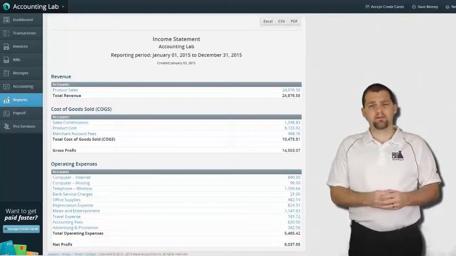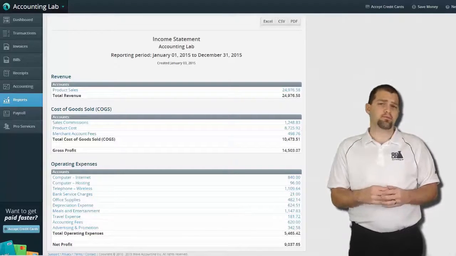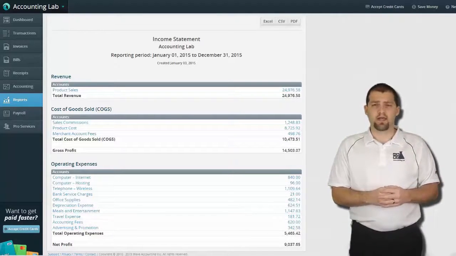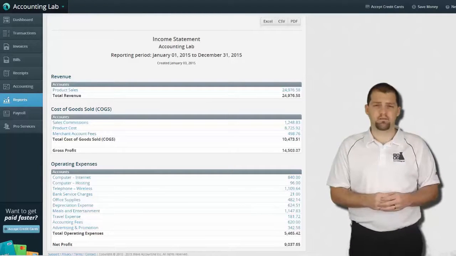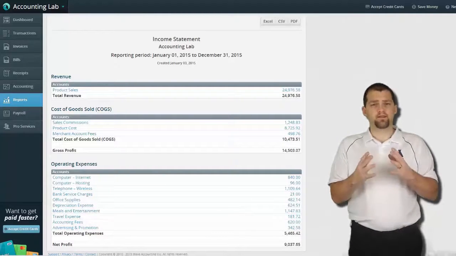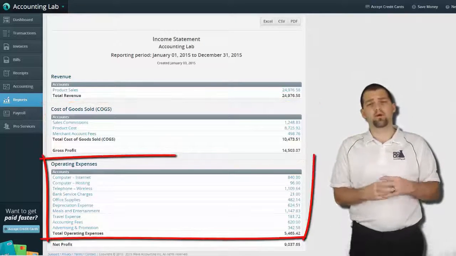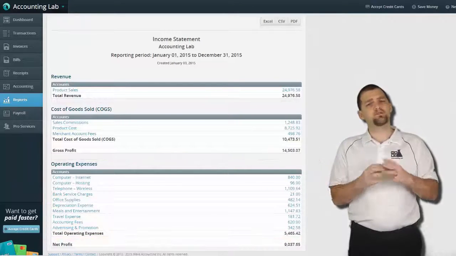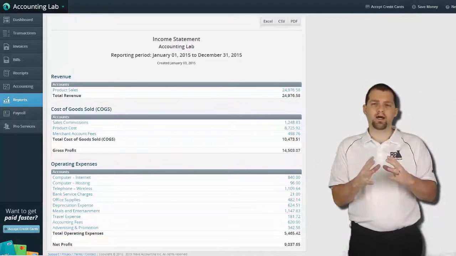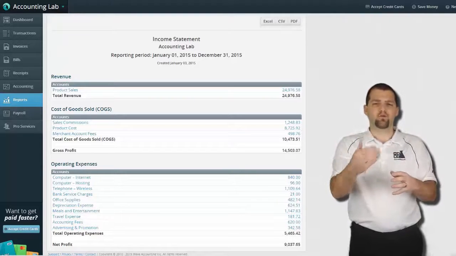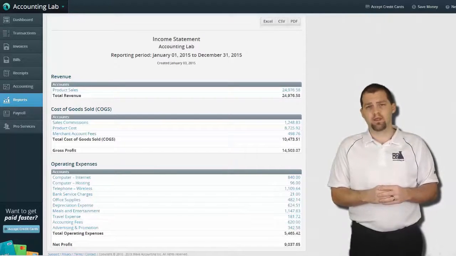Now, what does differentiate an income statement from, say, a personal budget is how the expenses are split out. There's an additional categorization for expenses that's very specific to the business world. Expenses in a business are typically split up between costs of goods sold and operating expenses. Costs of goods sold are any kinds of costs that are related to the sale of your product or services.